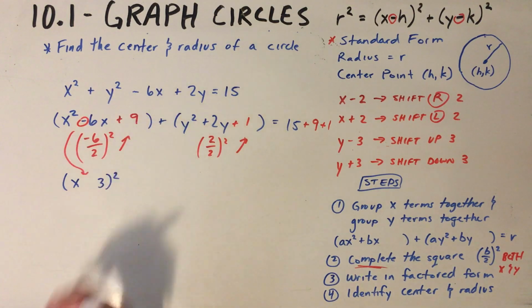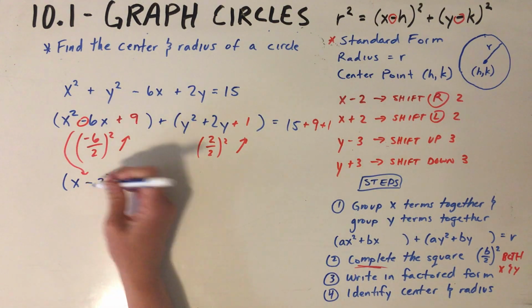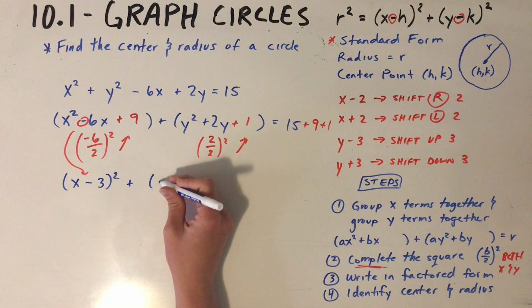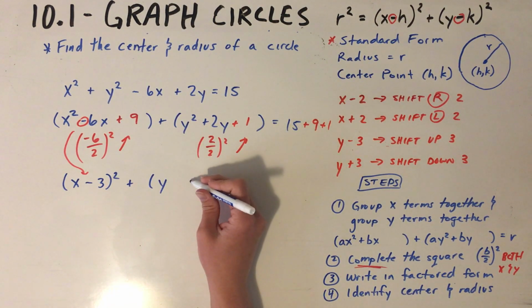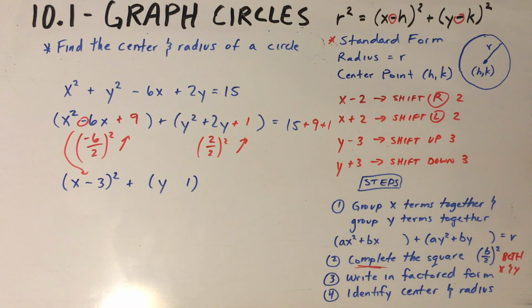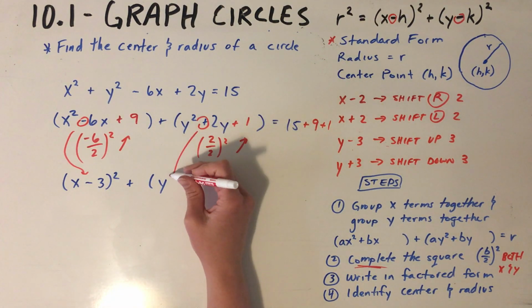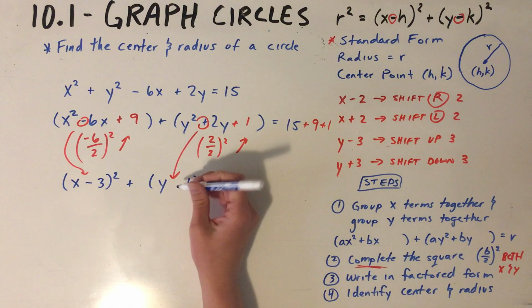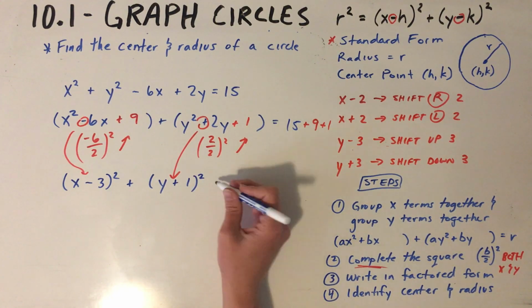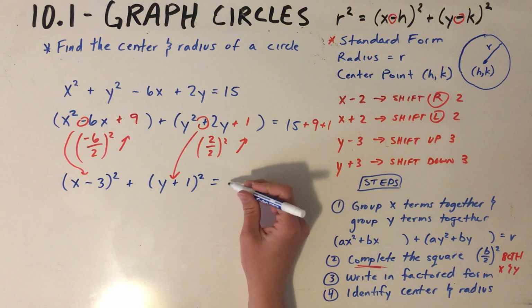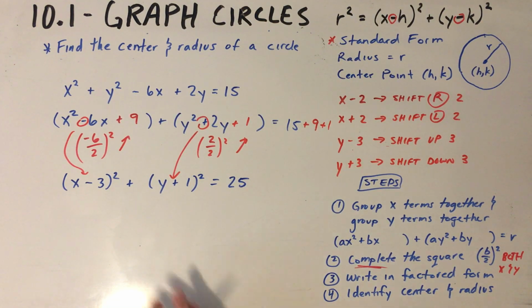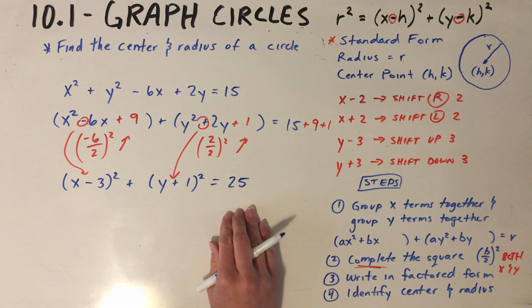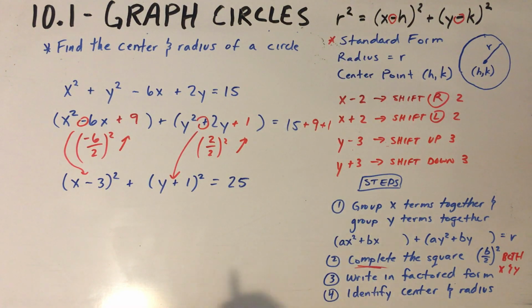So I'm going to have a negative here, and then this one is going to be, again, y here, square root of 1 is 1, and the sign right here is the one that's going to go here. So this is going to be squared, and then I'm going to add all these together, and that's going to give me 25.